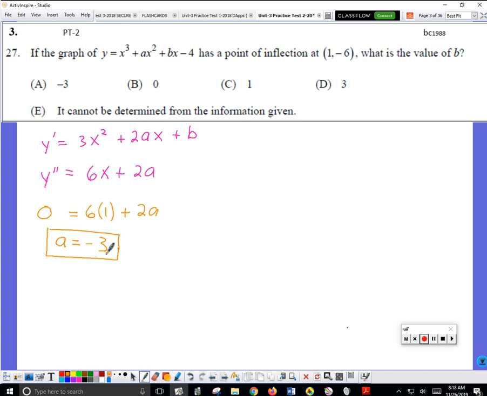A few more hands now. Let's go loud. You know one constant, A, and you need to find B, and you already know the point (1, -6).